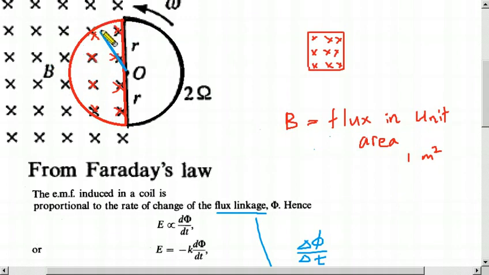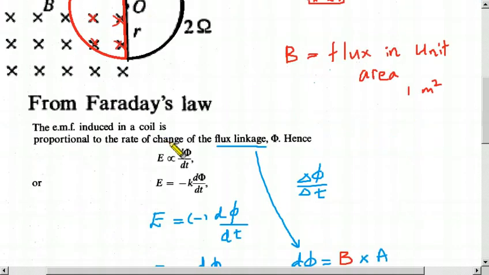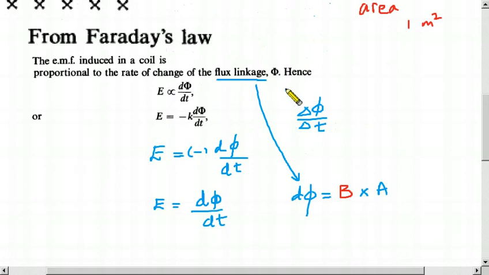So we have to take the total area that this conductor wipes when it moves in this semicircular path. So the total flux, or in other words flux linkage, is B times area.